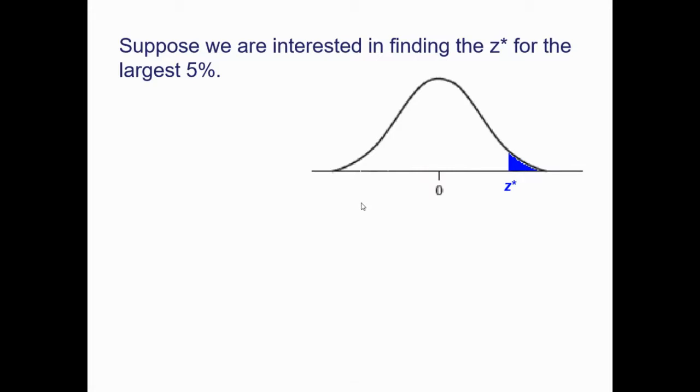Okay, so suppose we're interested in finding the Z value for the largest 5%. So this shaded area, what decimal would this shaded area be? 0.05. But does our table give us the area to the right?